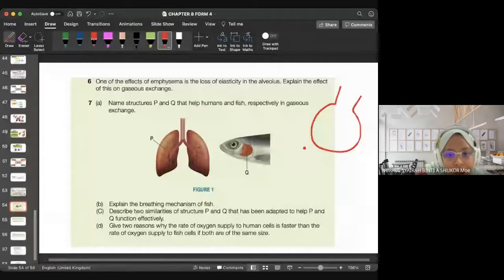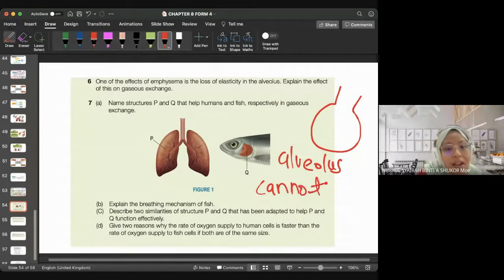So, alveolus cannot expand during breathing, or it cannot contract when breathing out. So both answers: cannot expand when breathing in, cannot contract when you breathe out, making gaseous exchange less efficient.